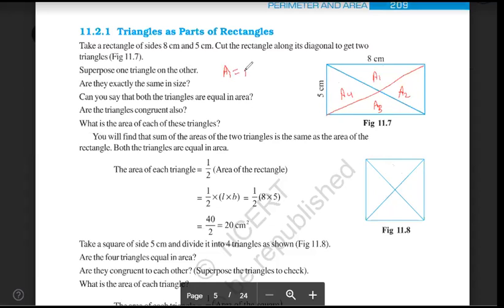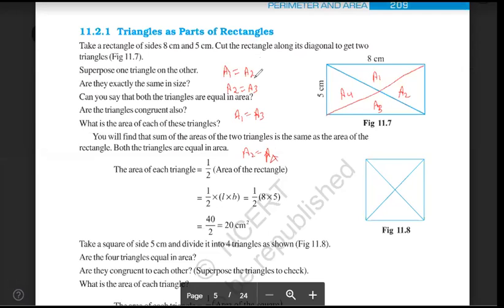A1 is equal to A2, yes or no? A2 is equal to A3, A1 is equal to A3, and A2 is equal to A4. Which of them are correct?